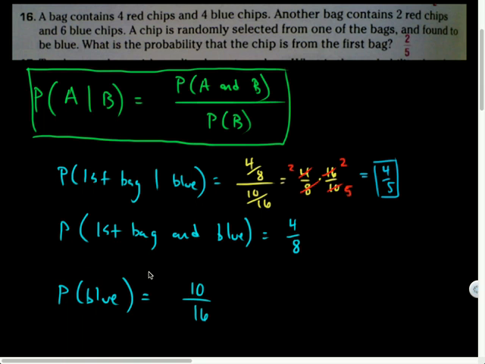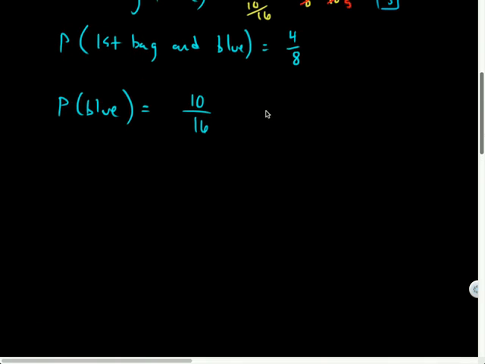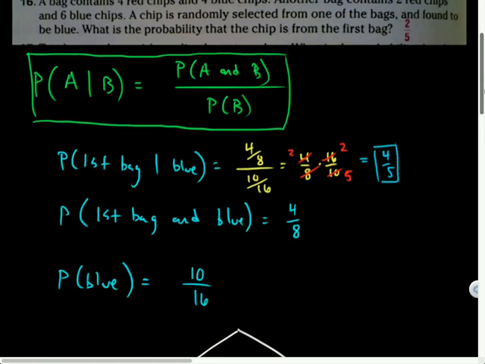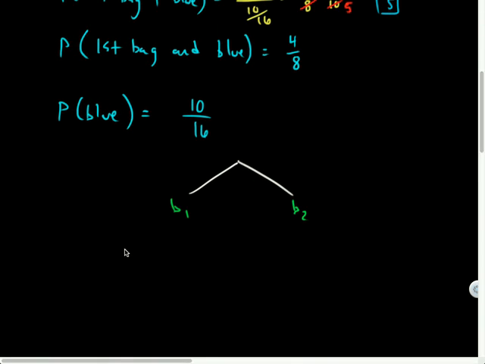Let's draw a tree, a probability tree. The first situation was to pick a bag, so I could have bag 1 or bag 2. In bag 1, we've got red chips and blue chips: 4 red chips and 4 blue chips.